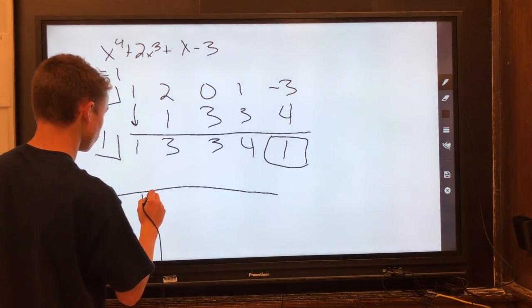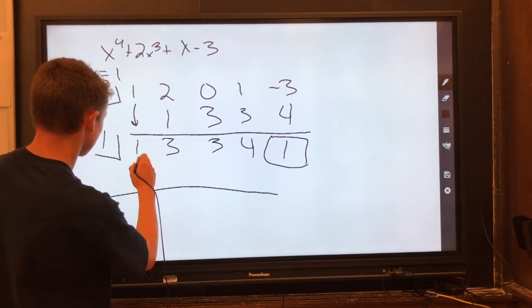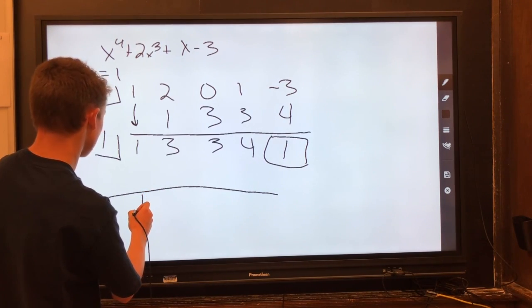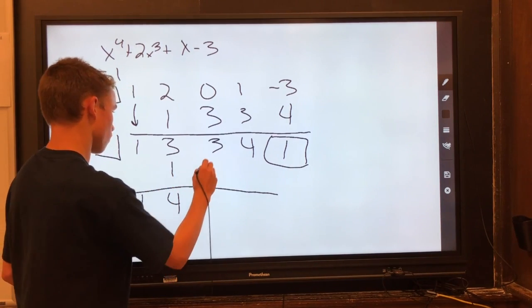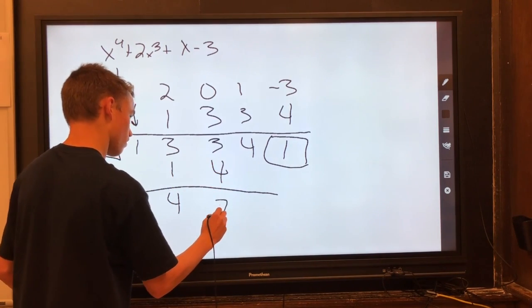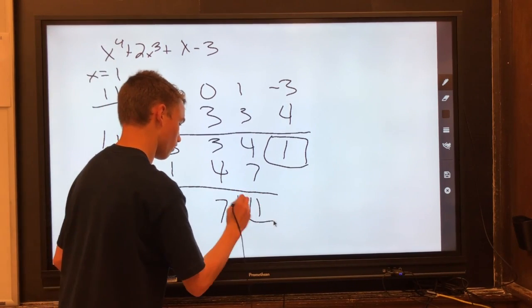So let's again drop down the 1 here and continue, except without the last 1. So 1, 4, 4, 7, 7, 11. Very important number here again.